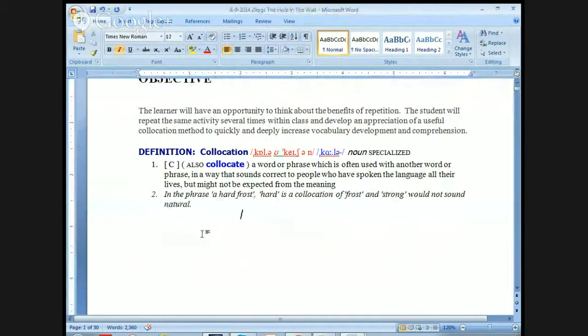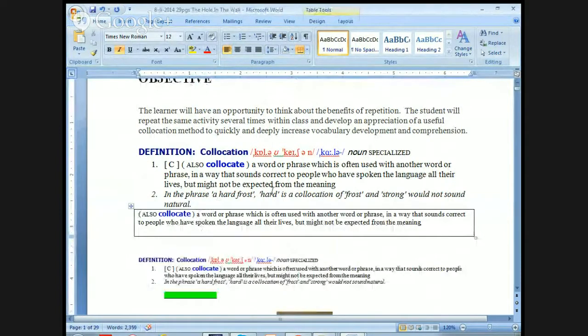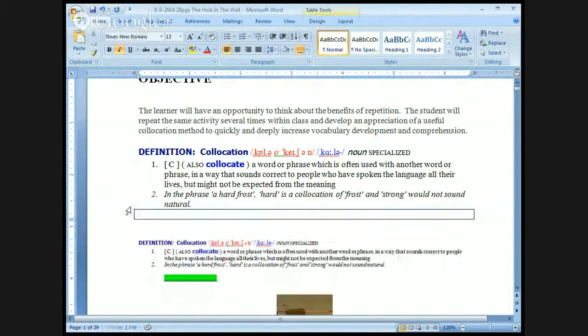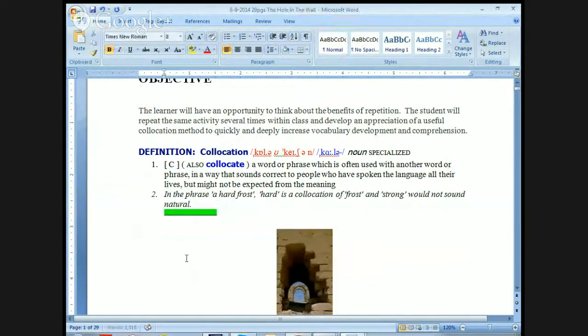Here we are with the word collocation. Let me check to make sure you can see my screen. Yes. Okay, you can see my screen.